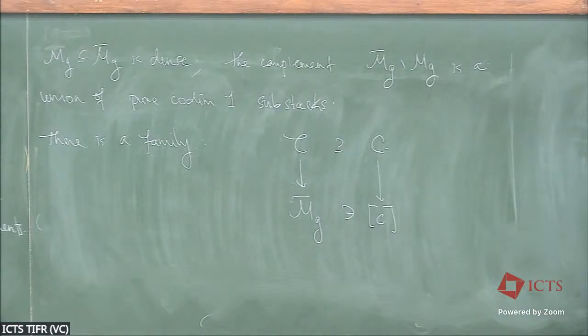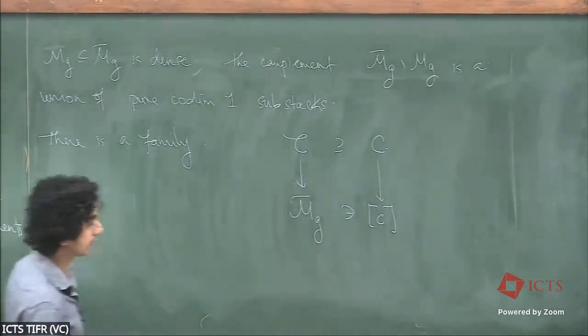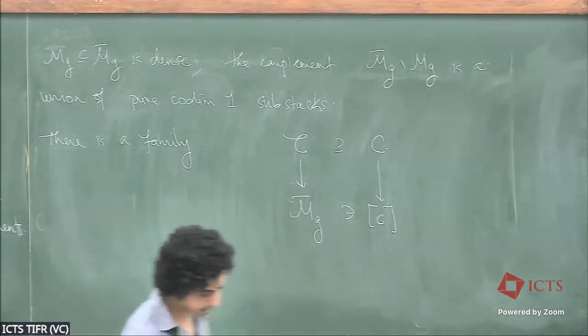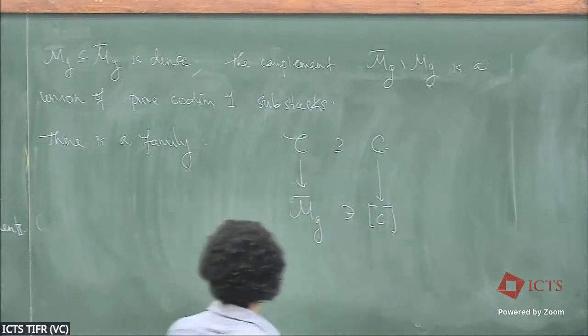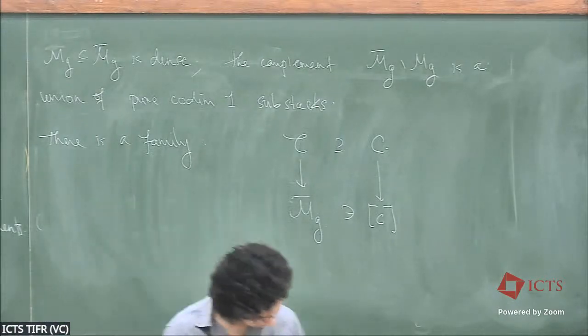You have to take the 5-canonical embedding given by the dualizing sheaf omega_C of the curve, and then you have to perform some extremely subtle GIT analysis to show that at the end of the day, the only things you get are really the points of MG bar. So that's an amazing paper, an amazing result, and basically the two together tell you that you can pretend it's a smooth projective variety.